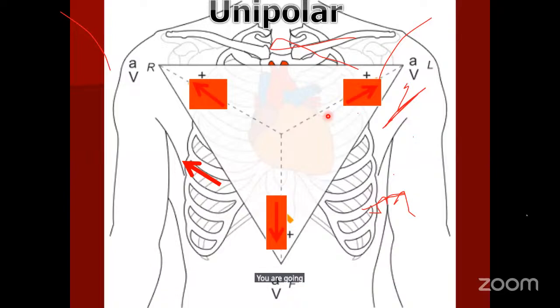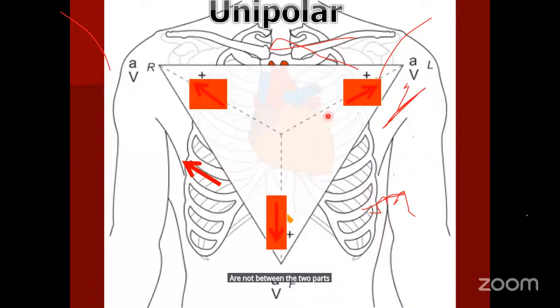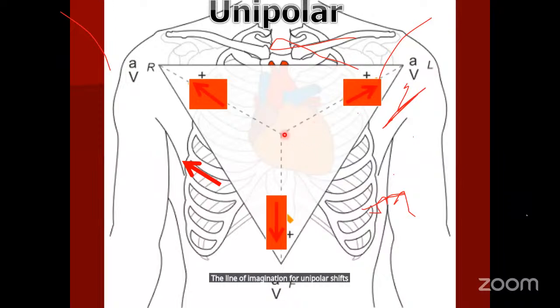You are going to see only one part of the body, especially what is happening on that particular lead. That's why they are called the unipolar leads. They are going to tell you what is happening below that particular lead and not between the two parts of the body. Here also you must know that the line of imagination for unipolar leads starts from the center of the heart.